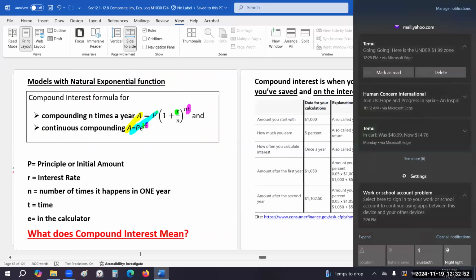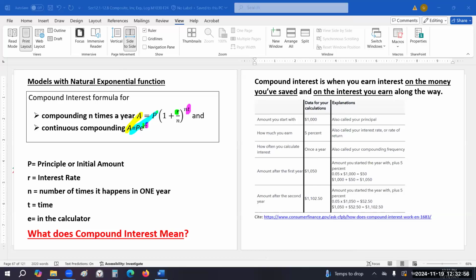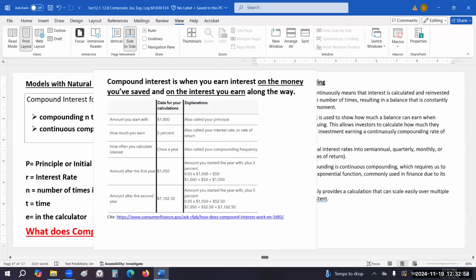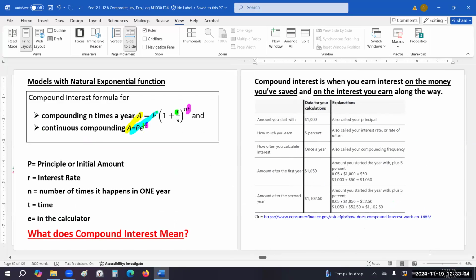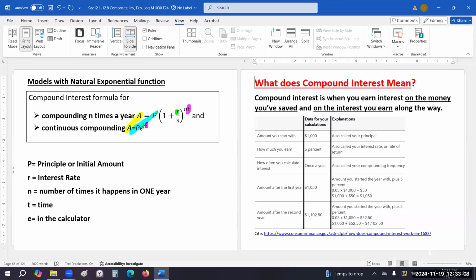Then we did some application, and we had two equations to work with. When you work with money problems, when you invest money, we have two scenarios. Either you invest with a certain compounding time, or you compound continuously.